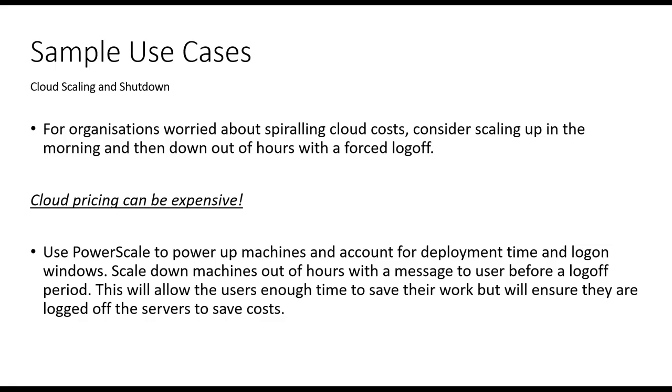Okay, all right. So for organizations worried about cloud costs, you can use PowerScale to power up machines, taking into account that deployment time that we talked about earlier. So it addresses that in a way. Is it perfect? No, but what this tool does do is allow you to play with that scaling metric to make it more aggressive in the morning or less aggressive or whatever.